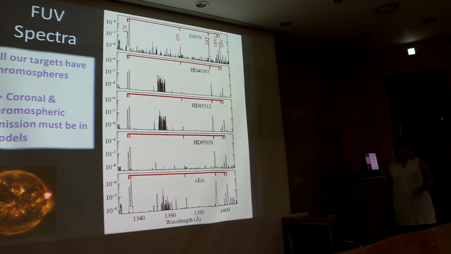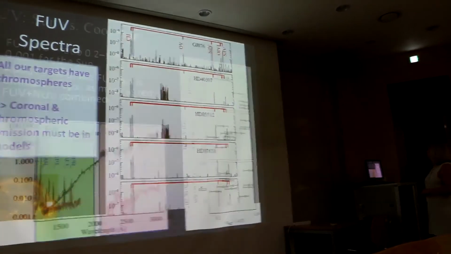So even if a star isn't very active, even if it's very cool, it still has a chromosphere, and you have to put that in your model. Many of the models that people were using to model planets didn't include any ultraviolet flux, and that will change your models, and it's not great.